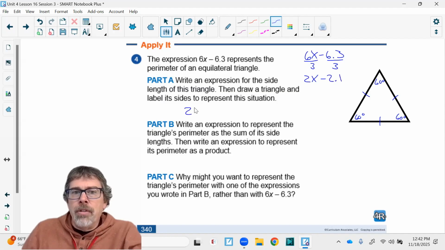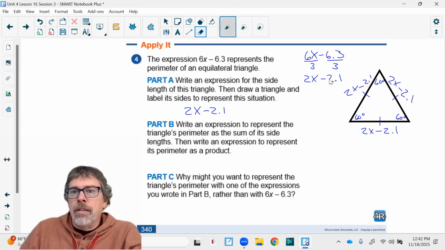So the expression for one side is 2x minus 2.1. So this side is 2x minus 2.1, this is 2x minus 2.1, and this side is 2x minus 2.1. Okay, so I've done that.